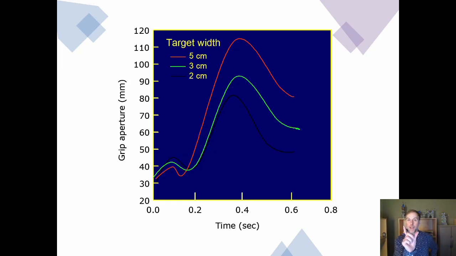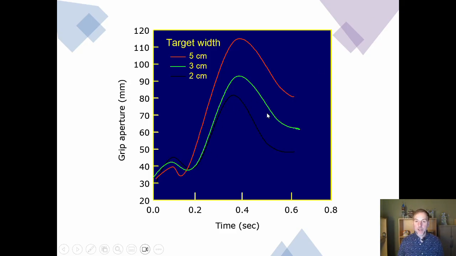We can actually track our grip aperture over time, which is what we're seeing down here on the x-axis. The participants probably start with their fingers together like this, and as you go to pick up an object, your grip aperture increases in size. It gets to a maximum size, shown here, and then as we get closer, it narrows down to the size of the object.